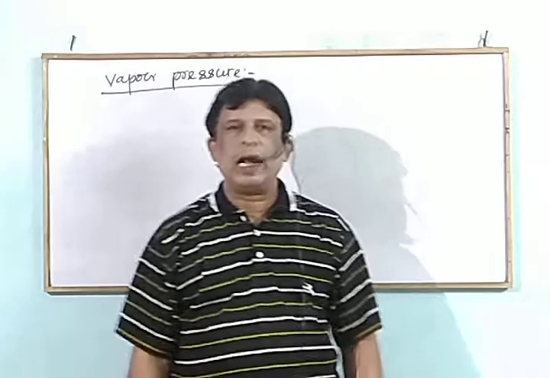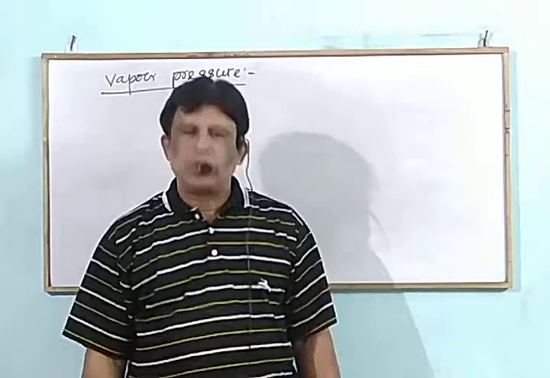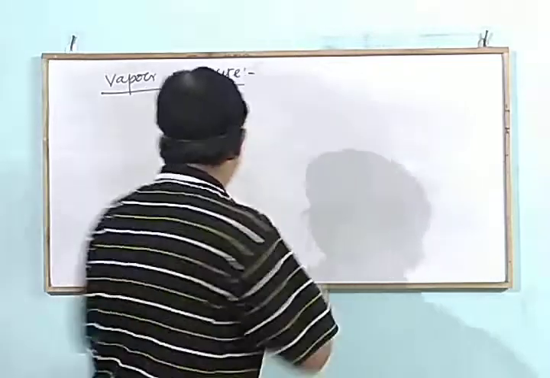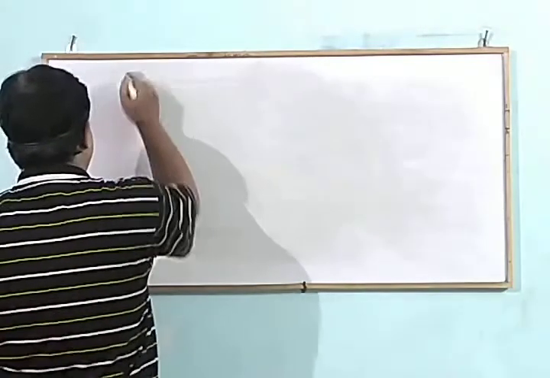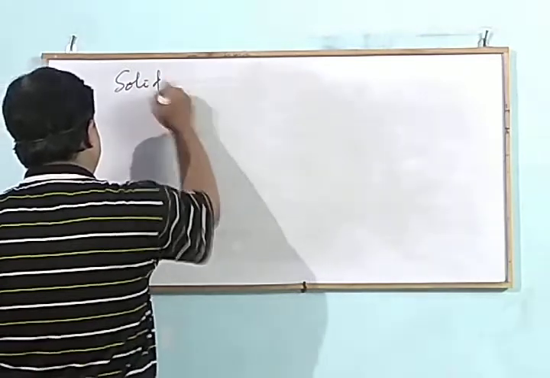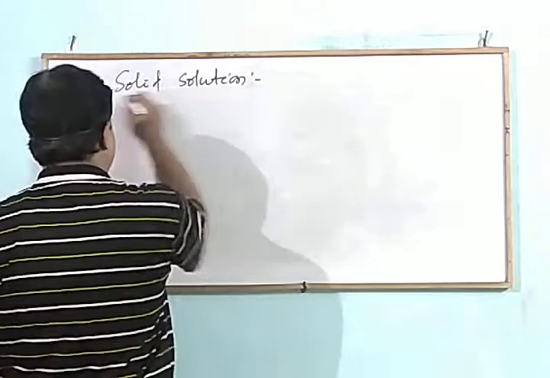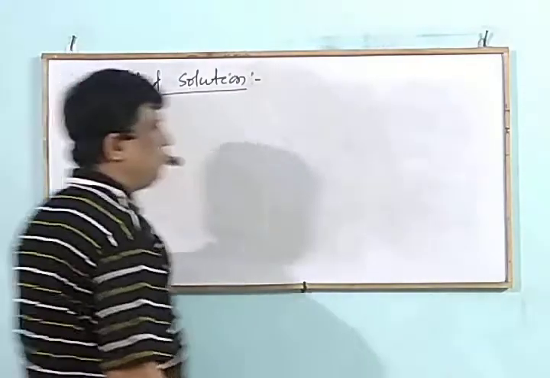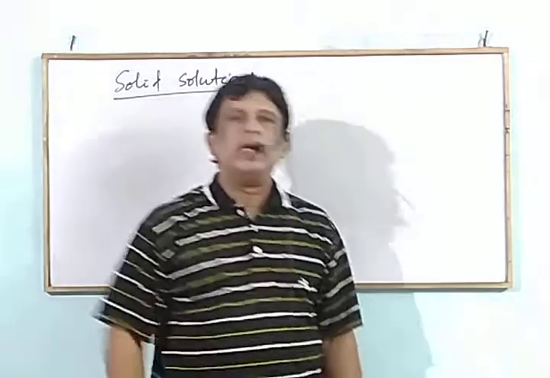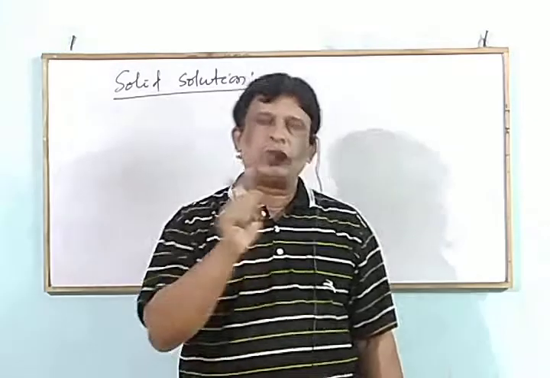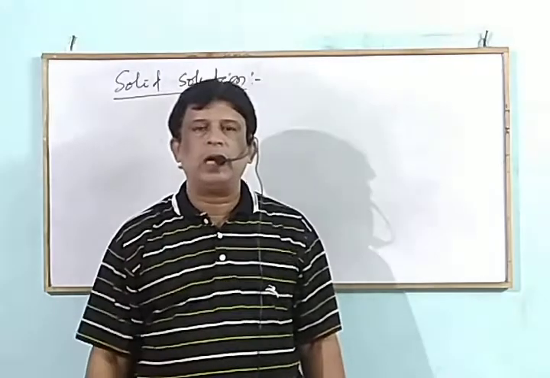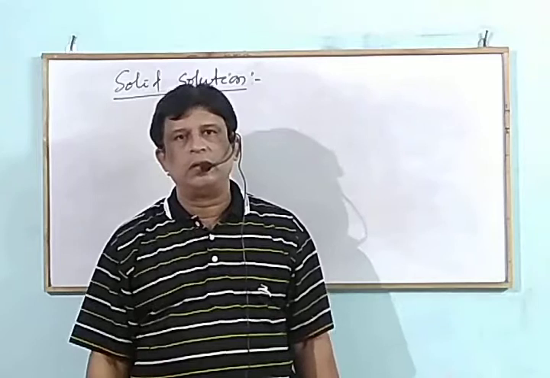Then we discuss another term that is known as solid solution. What is a solid solution? A solution in which the solvent is solid is known as a solid solution.